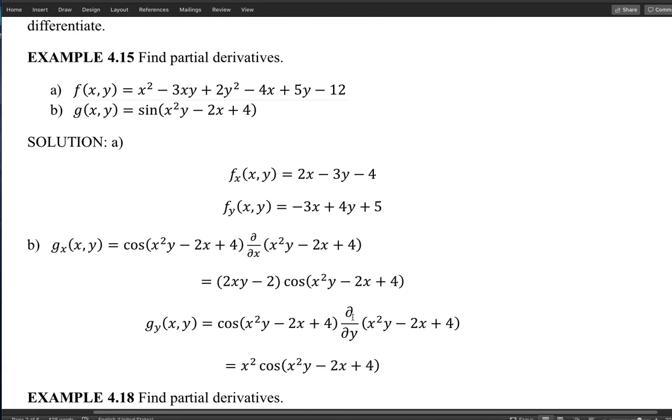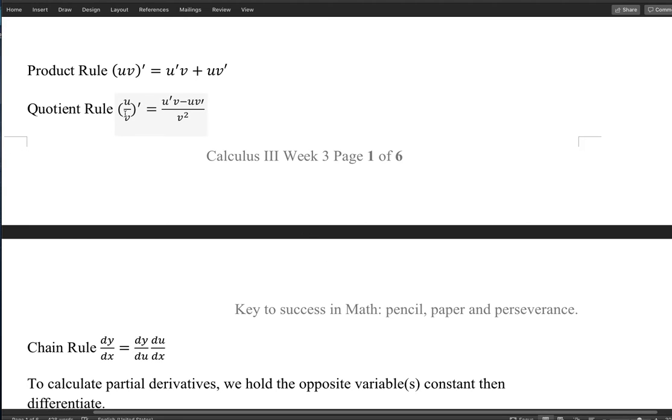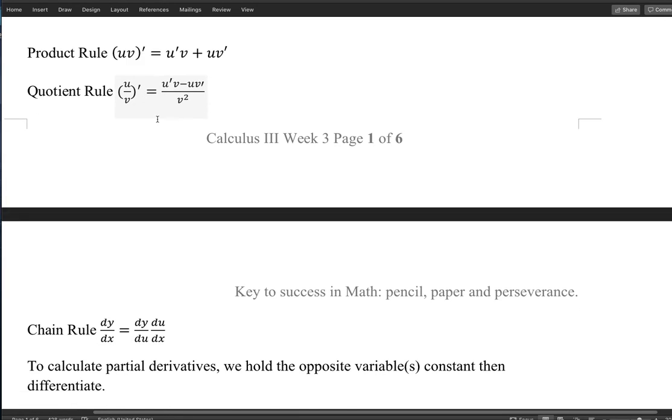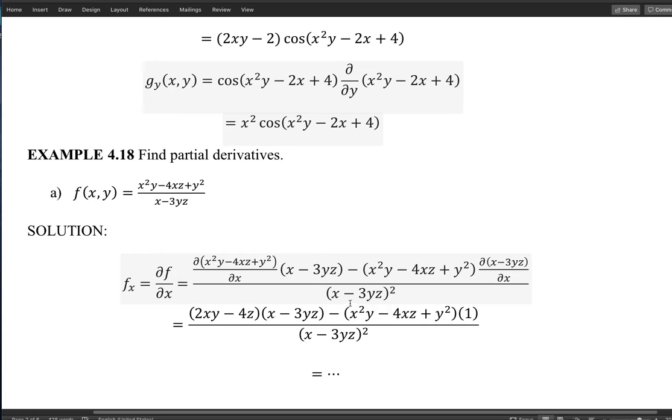If you are not familiar with the quotient rule, this is the quotient rule I wrote here. I hope you understand how the quotient rule works. So basically I just use the quotient rule right here, and then I calculate the partial derivative. The denominator squared stays the same.